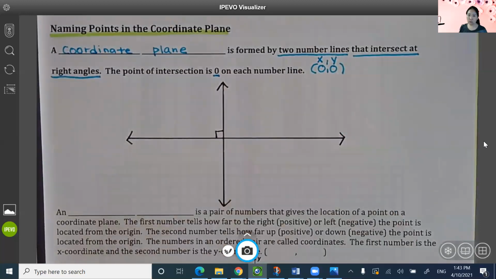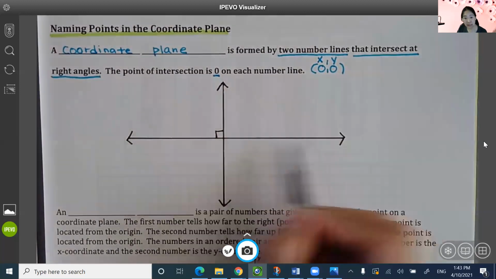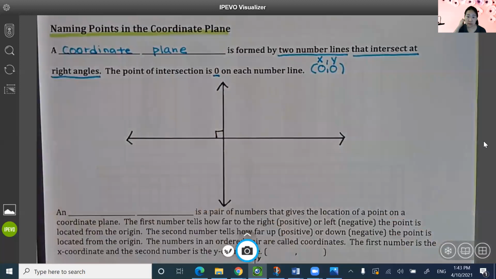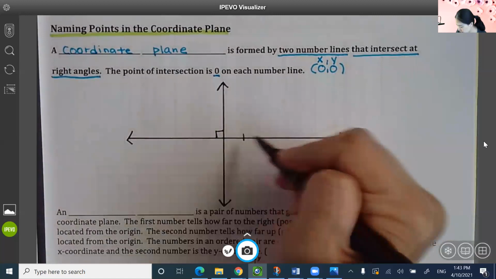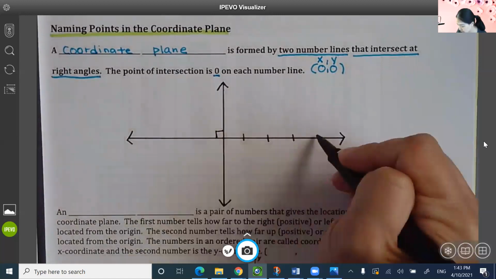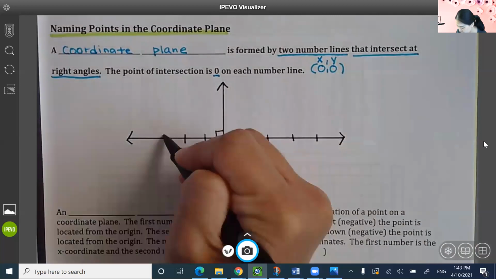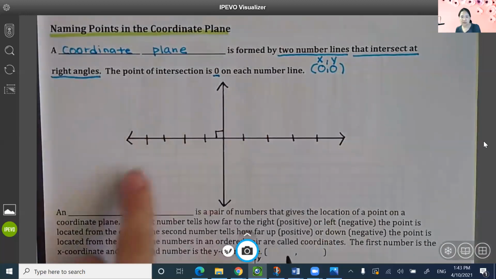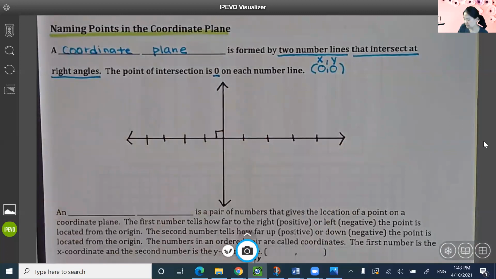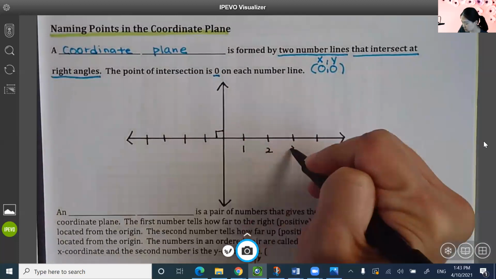All right, and then I am going to draw some equidistant numbers to the right and to the left to finish my horizontal number line. So I'm just going to do 1, 2, 3, 4 to the right and to the left and try to be equidistant. I know I didn't do a very good job here. That is okay, but try and number them. 1, 2, 3, 4.